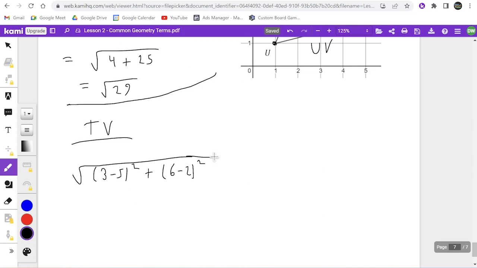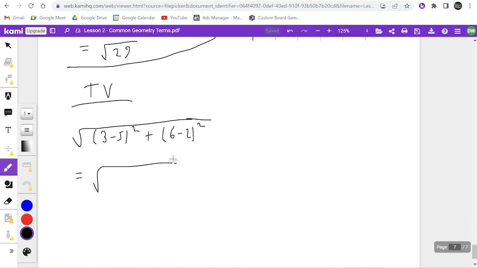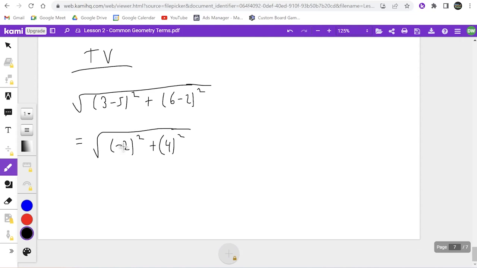That's going to be the square root of 3 minus 5 is negative 2 squared, plus 6 minus 2 is 4, again squared. So negative 2 squared is positive 4, plus 4 squared is 16. Looks like we get the square root of 20, obviously different than the square root of 29. In other words, we know it's not equilateral, it's either going to be scalene or isosceles.